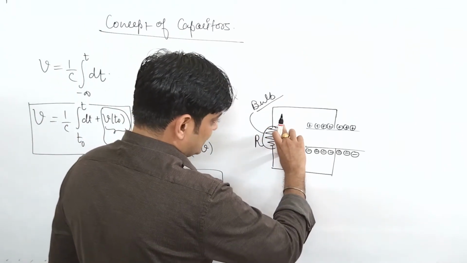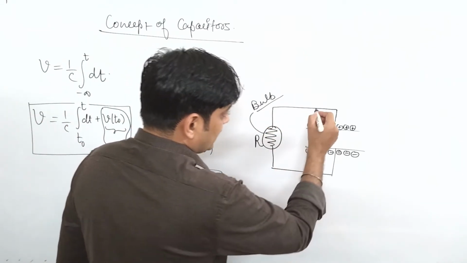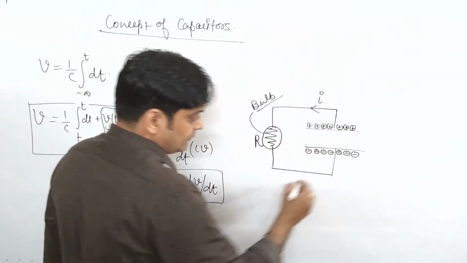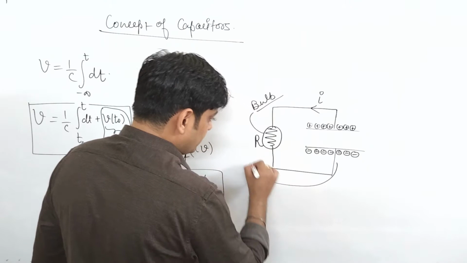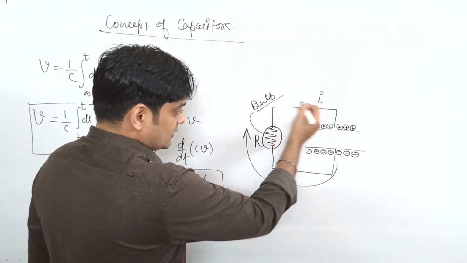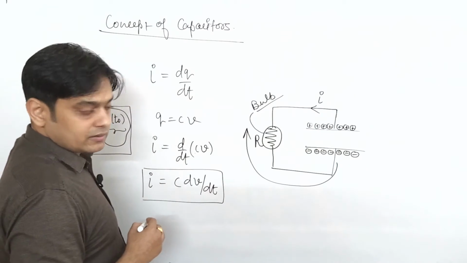When you connect this, a current again starts flowing from here to here. That means these electrons will move in this fashion and are attracted by this positive charge. So that's why some current will start flowing in this fashion.